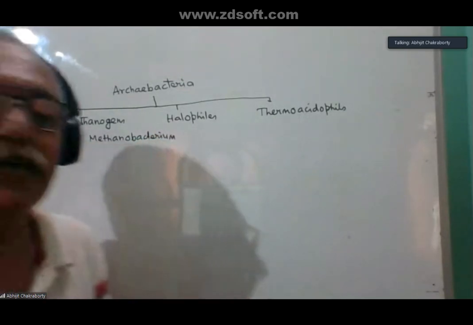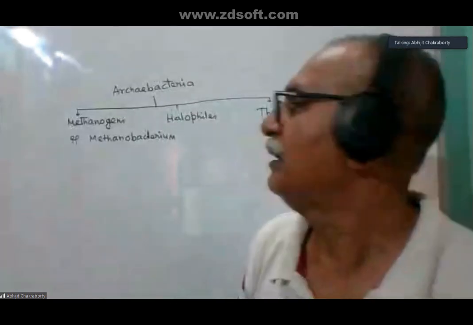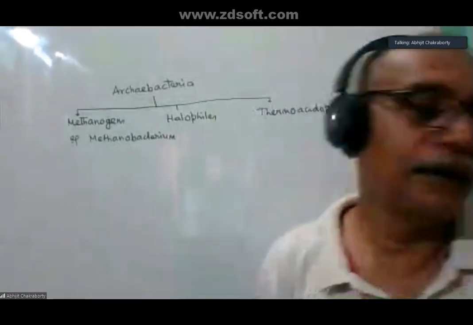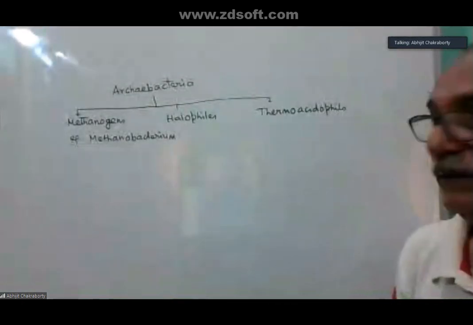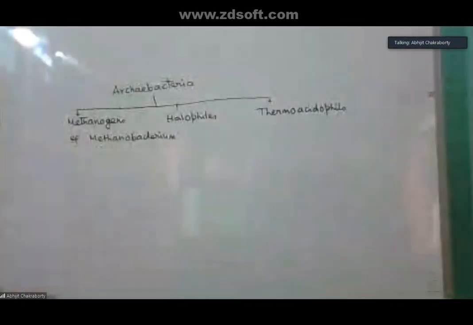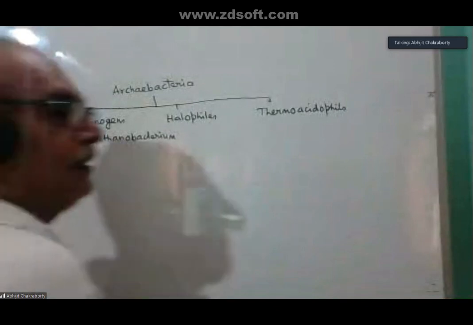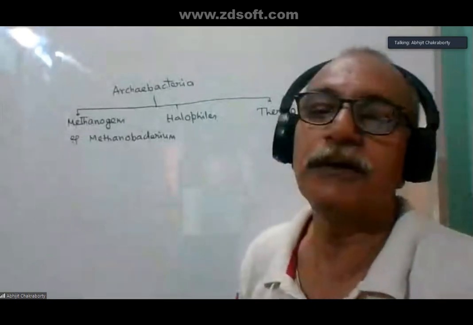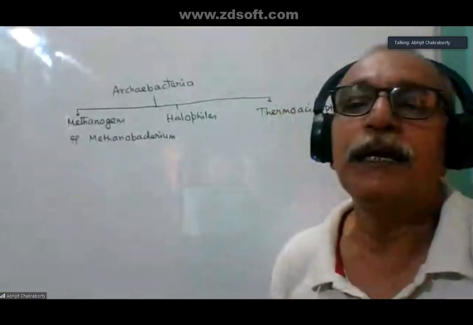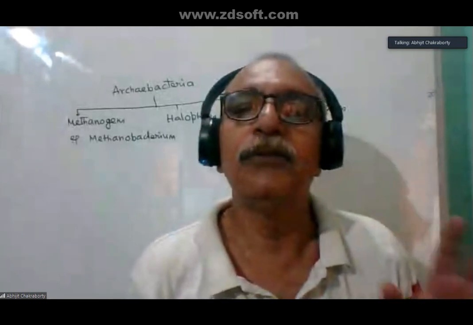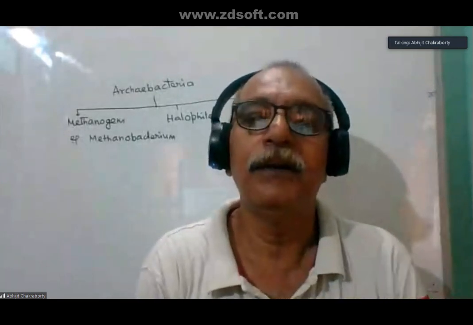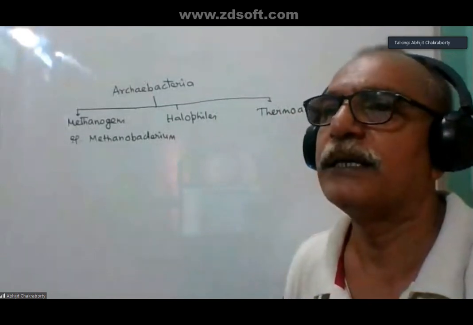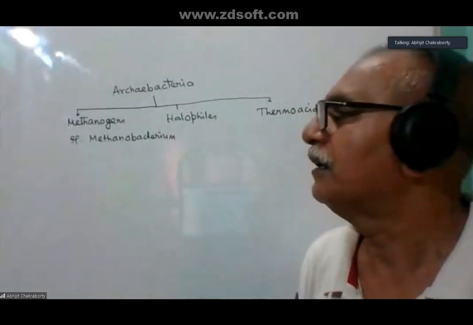These methanogens are actually found in the rumen of cattle animals. In cattle animals, the rumen is a chamber where fermentation of cellulose takes place, in the rumen, reticulum, omasum, that is in the stomach.